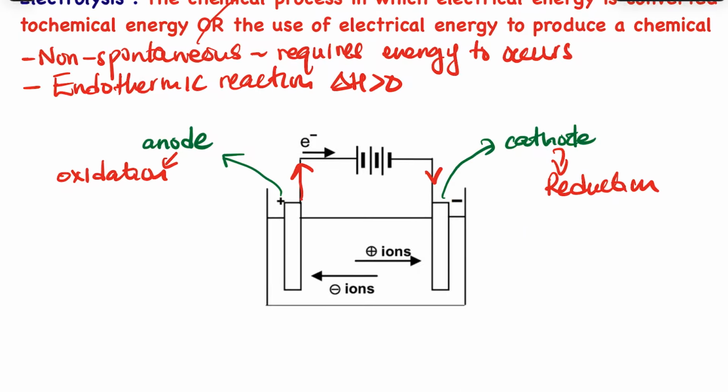In this solution, where we have the electrolyte, it has free moving ions that conduct electricity. One important thing here is the attraction of the anions. The anode attracts the anions, which are the negatives, from the solution.